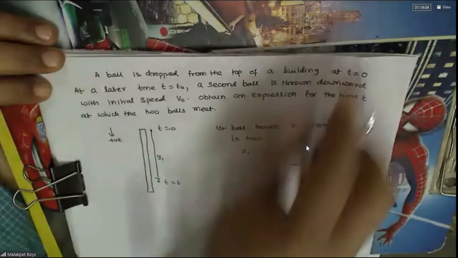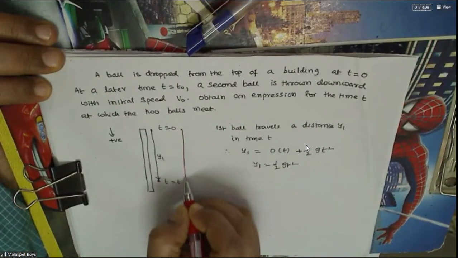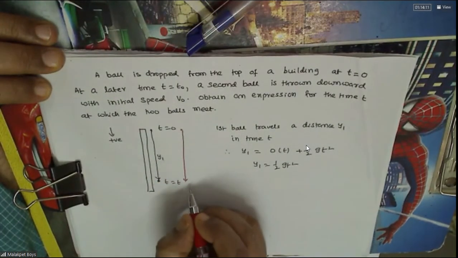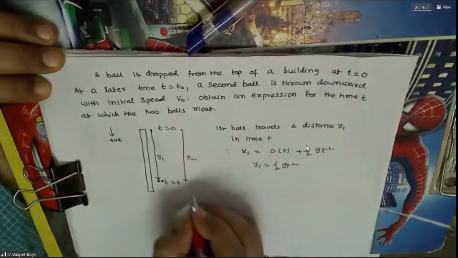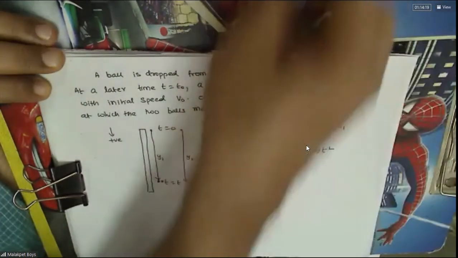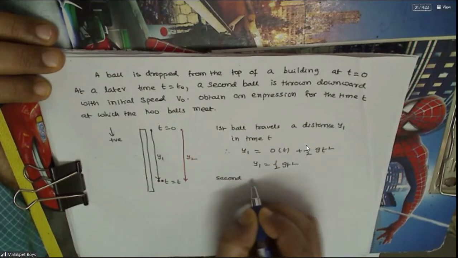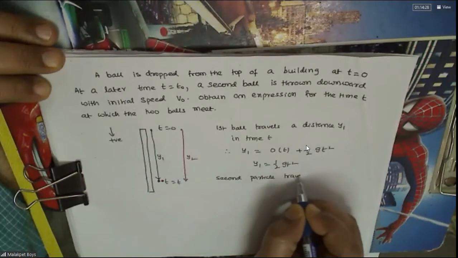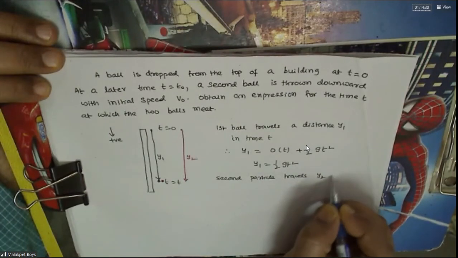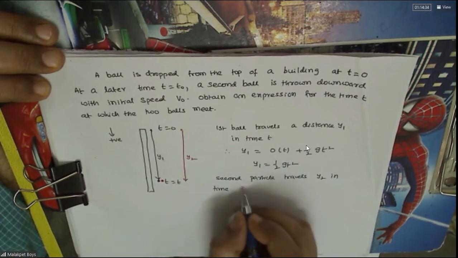Now the second stone is dropped. This is y2. Second particle should also be here, no? Agreed. So the second particle, how much?